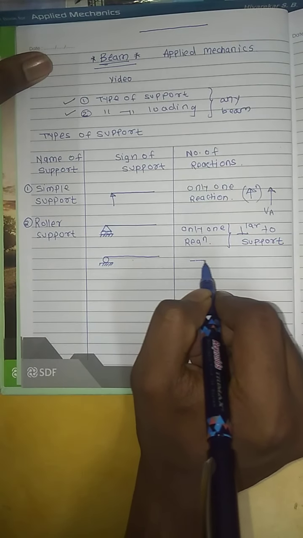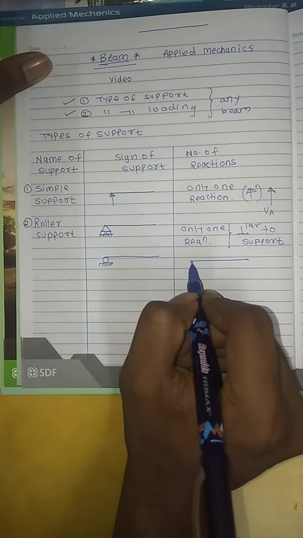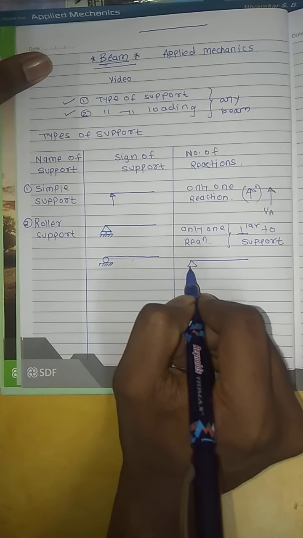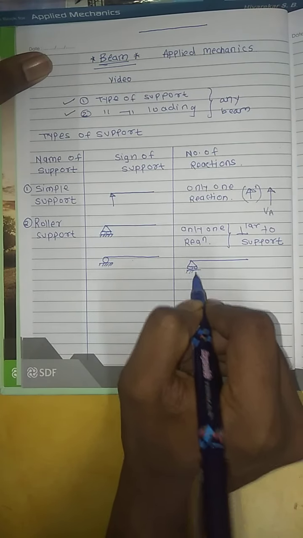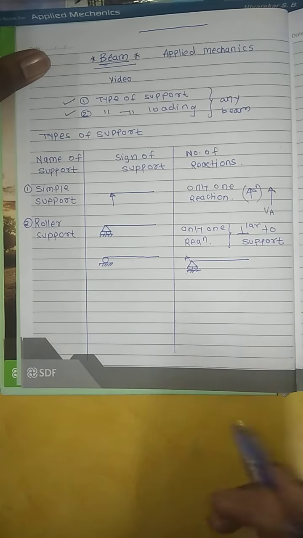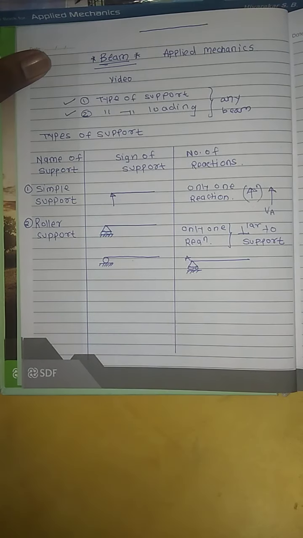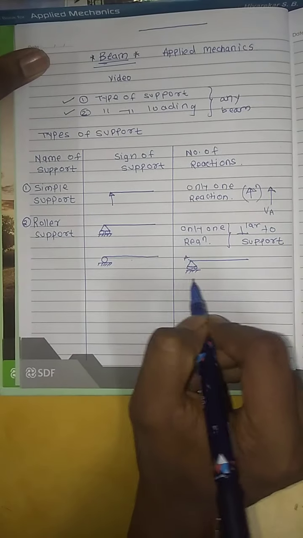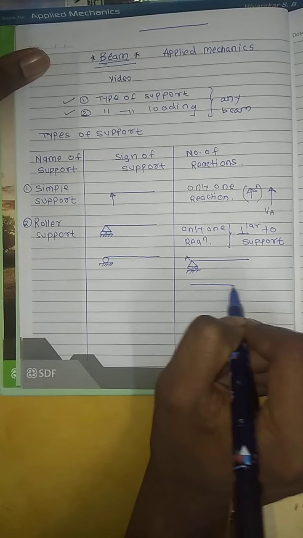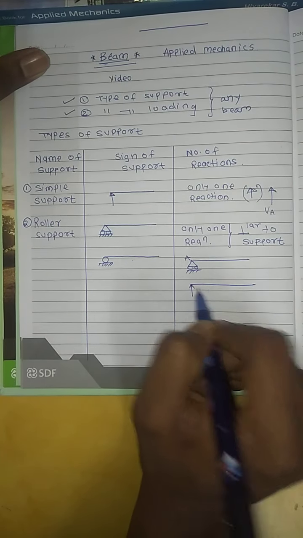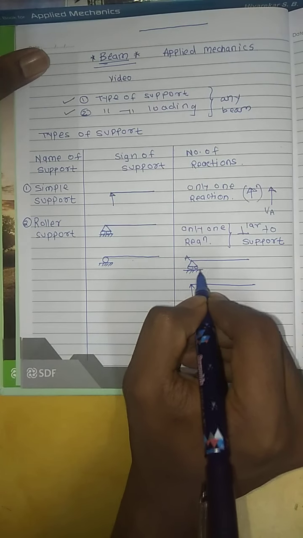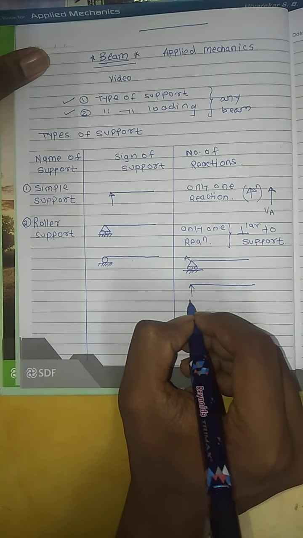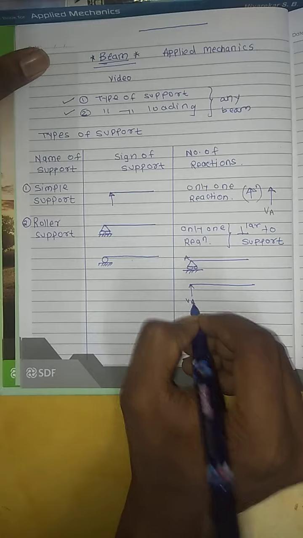Suppose this is the beam, this is the roller support and this is the point A. Then here there will be only one reaction and that reaction will be shown like this, perpendicular to this support. We can give the name VA.